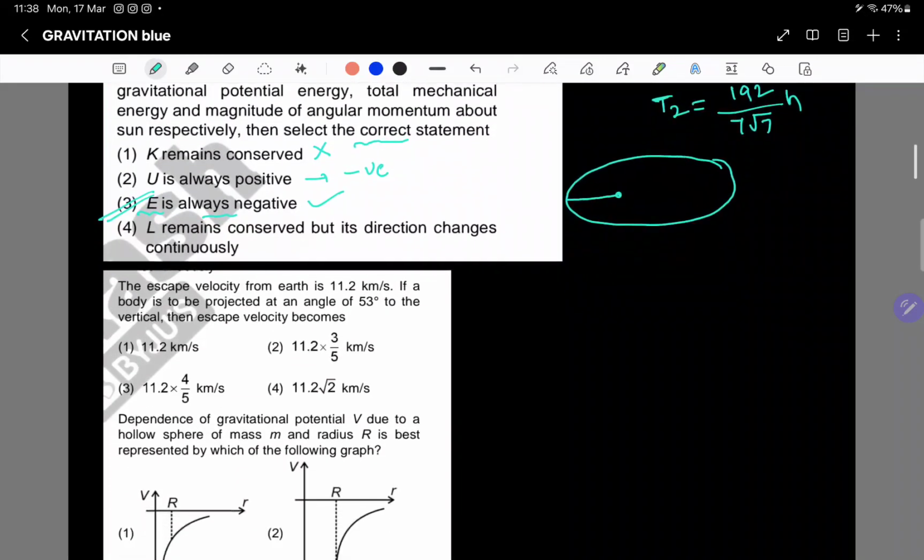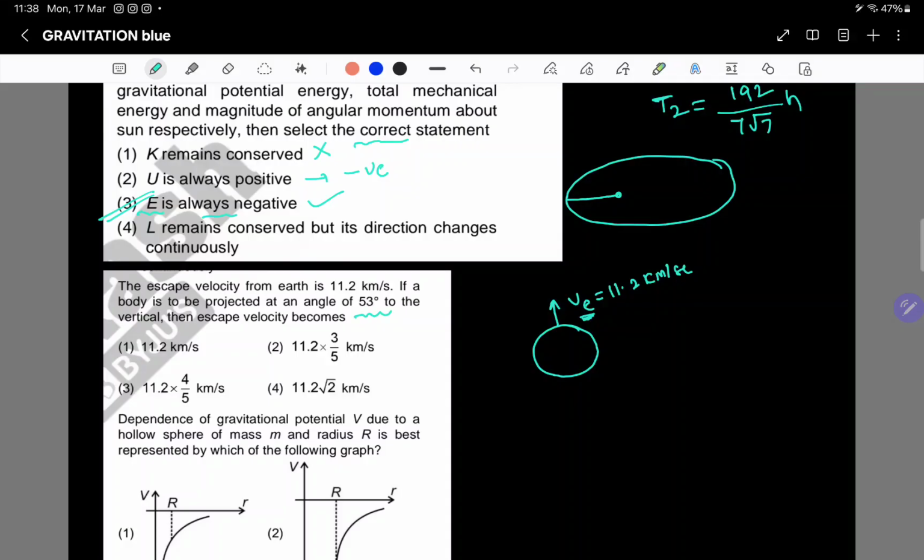Next. Escape velocity from earth is 11.2 km per second. If a body is to be projected at an angle of 53 degrees, listen students, important, it is also a many times asked question. The minimum velocity, escape velocity 11.2 km per second is given, that means it is the earth only. Escape velocity does not depend on the angle of projection.